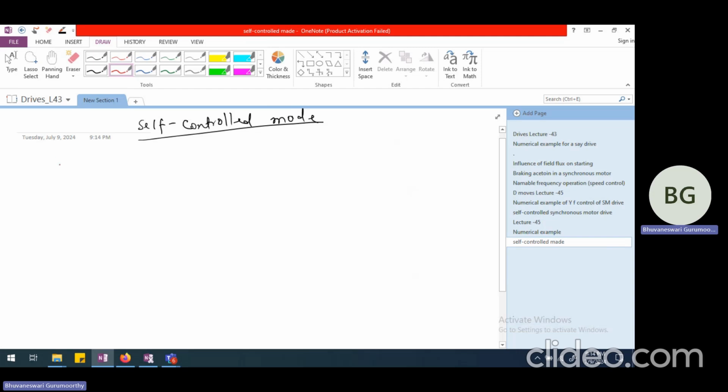So typical applications for self-control cases, one is induced draft and forced draft fans in power stations. Whenever we have a boiler and we want combustion to take place, we have to induce a draft so that there is sufficient air present for combustion.